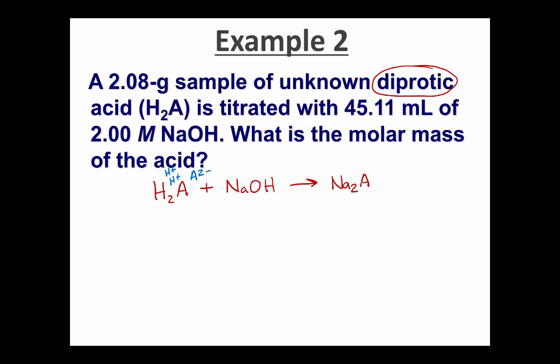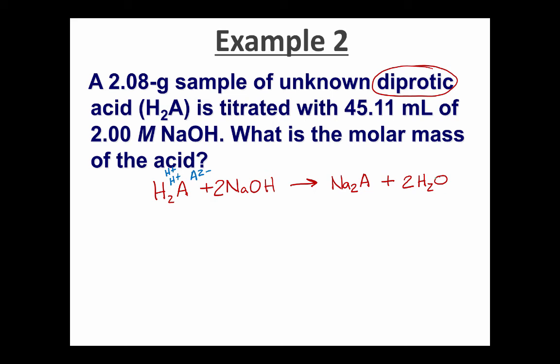The other product is water, but notice that there are two H's to react with the OH. This means I'm going to need two sodium hydroxides to provide enough OH to neutralize both of the H ions. And this will produce two waters. If you'd like, you can go back and make sure this equation is balanced correctly. Now, it's time to write down the data for our problem.